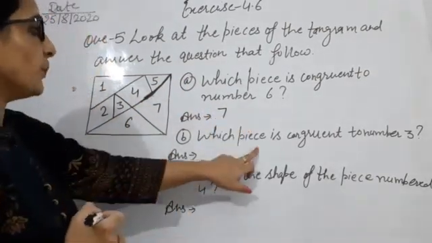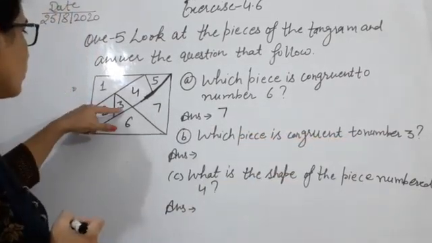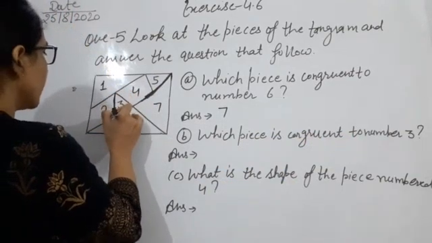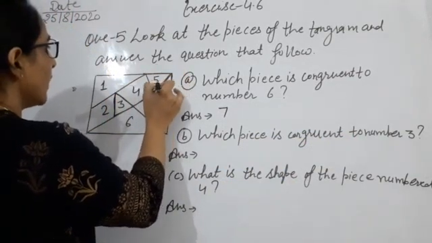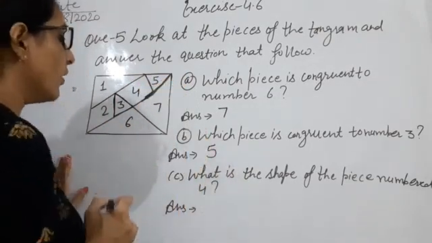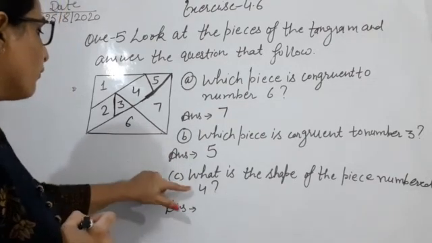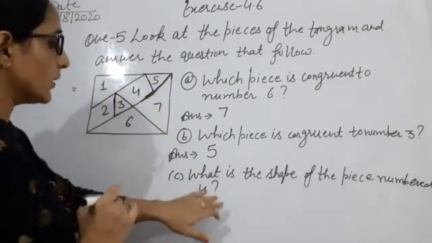Next is which piece is concurrent to the number 3? Here is 3, here is 5. So both are same. Clear? In size and shape both are same. So our answer is here 5. Which is the shape of the piece number 4? Here which one is the piece of the number 4?